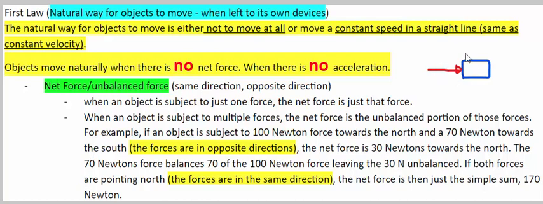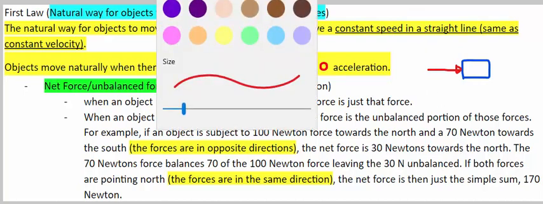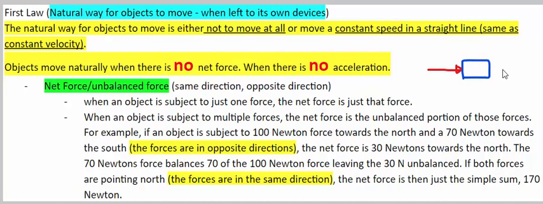Now, if I have another force acting on it, let's have a green force, and the green force is going to act on it like this. Now the green force is opposite in direction to the red force, but it is smaller than the red force.